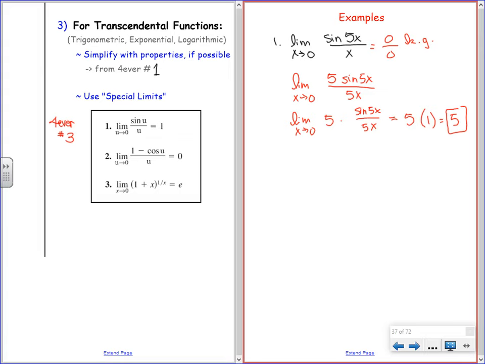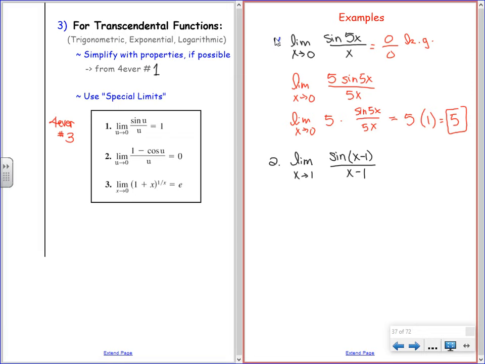Now let me give you another example. What if I was to give you instead, number 2, the limit as x approaches 1 of sine of x minus 1 all over x minus 1. This one's different in a different way. X isn't approaching 0, but wait.